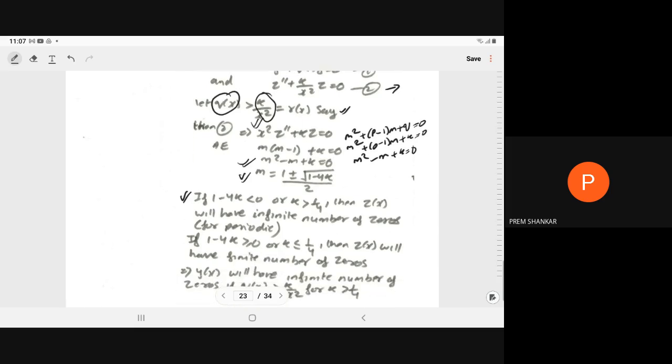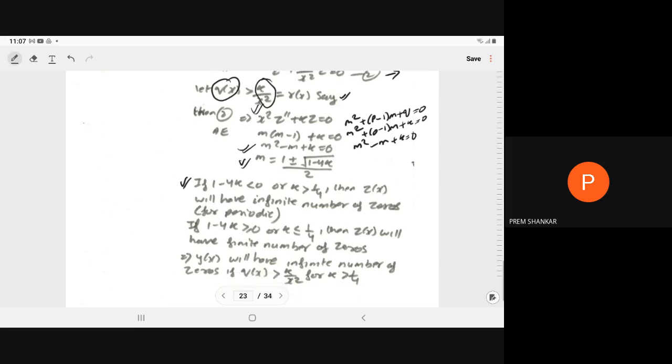If 1 minus 4k is greater than or equal to 0, then the roots are real. If 1 minus 4k is strictly greater than 0, then they are distinct. If it is equal to 0, then they are equal, but the roots are real. So if 1 minus 4k is less than 0, the roots are complex and occur in a conjugate pair.